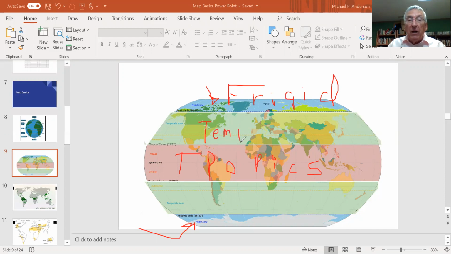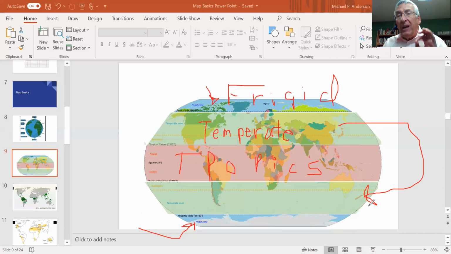These are where it is, generally speaking, not as hot as the tropics, and generally speaking, not as cold as the frigid zones. So we have this temperate zone and this temperate zone. Now, I say generally because depending on where you are, it can be even colder than in the frigid zone.